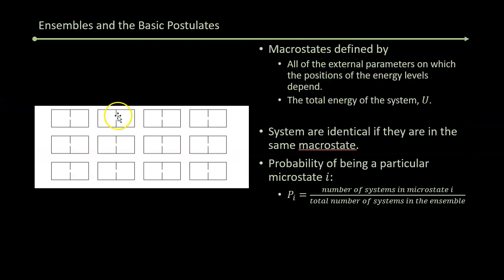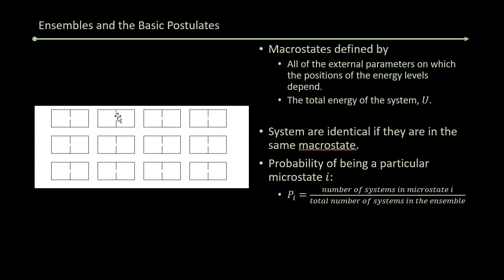Macrostates are the big variables that define the collection as a whole. Pressure, volume. These are external things that you can measure that have nothing to do with individual particles. So macrostates are properties of the collection as a whole. And we say if two systems have the same macrostates, they're identical. Now microstates have to do with the particles themselves.